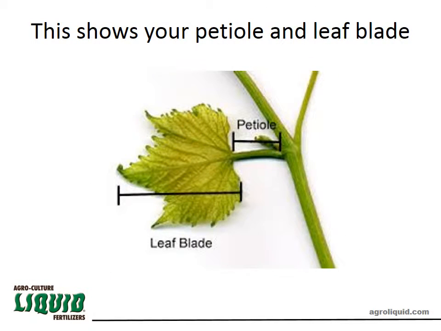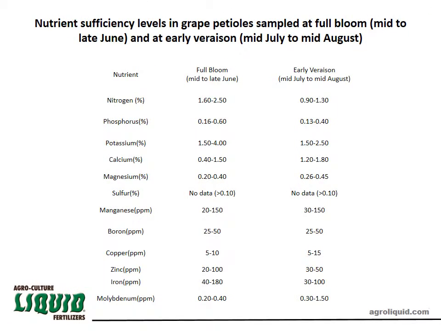It's important to know the leaf parts so you can collect the right samples. By taking tissue and petiole samples at appropriate times, we can implement corrections through foliar and soil applications of AGRO-Liquid fertilizers.